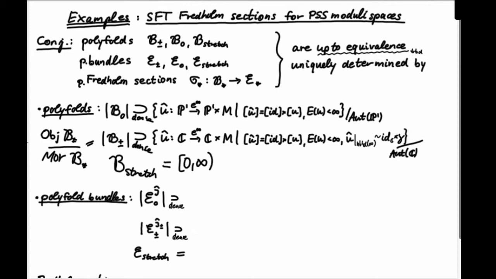So I can take actually the same ambient polyfold, and so just take a product with that interval. So, whatever reasonable notion of polyfold there is, if you take a Cartesian product with a manifold, that better be a polyfold again.